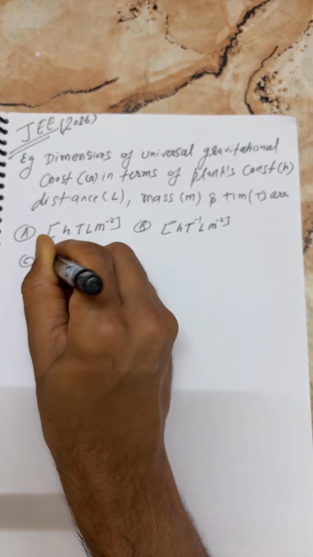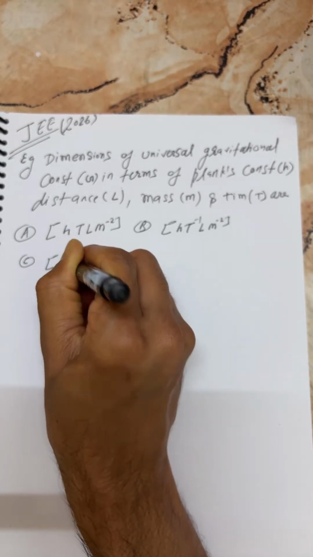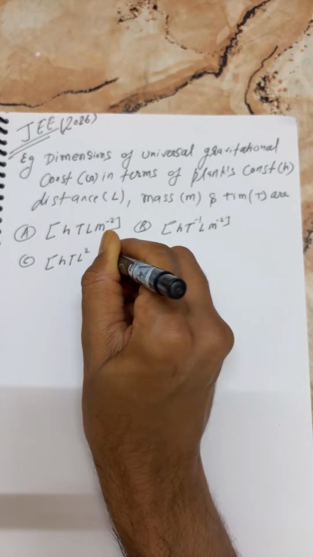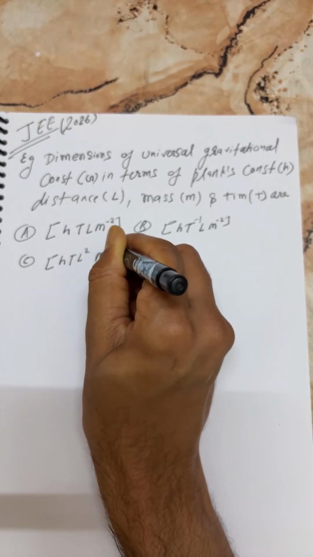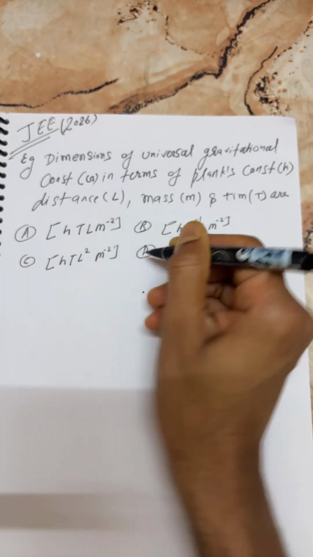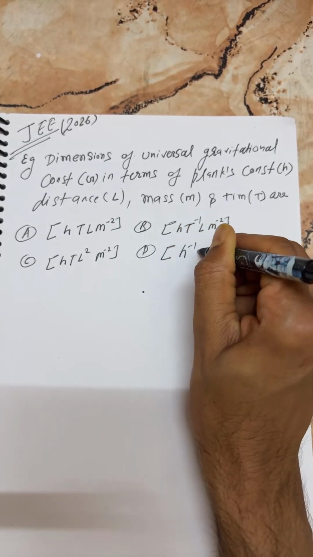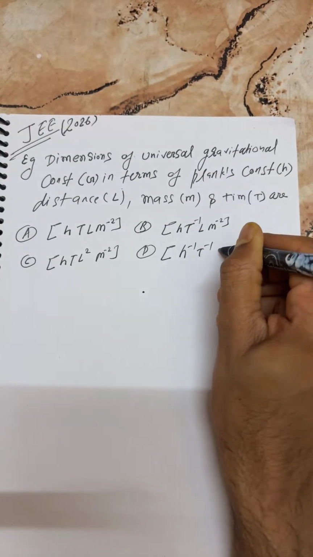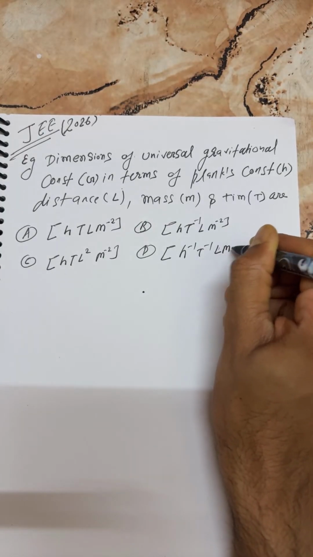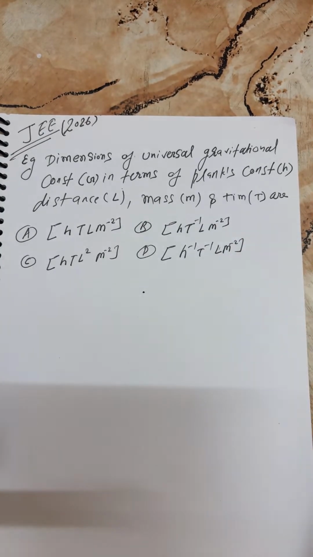Then H T L to the power 2. And last, H to the power -1 T to the power -1 L M to the power -2.